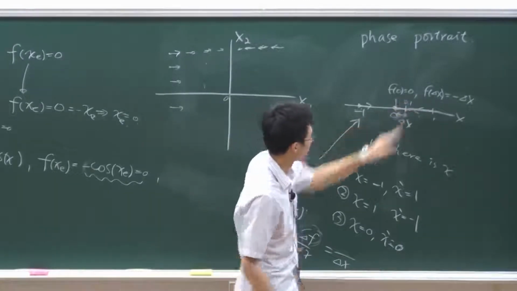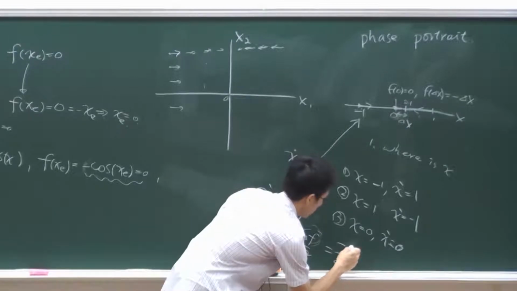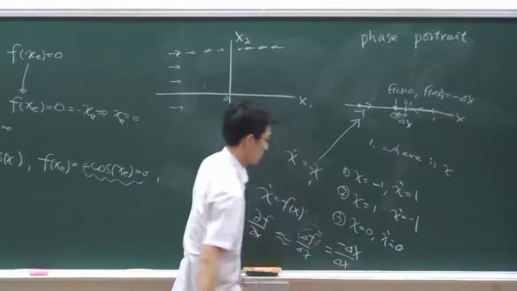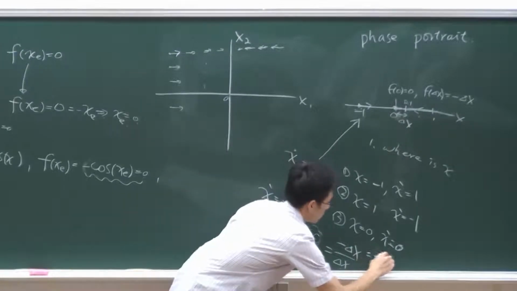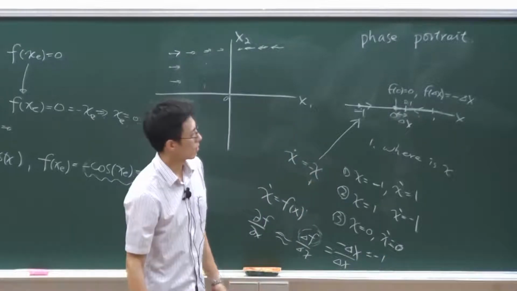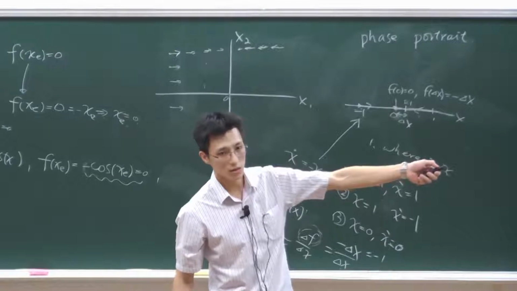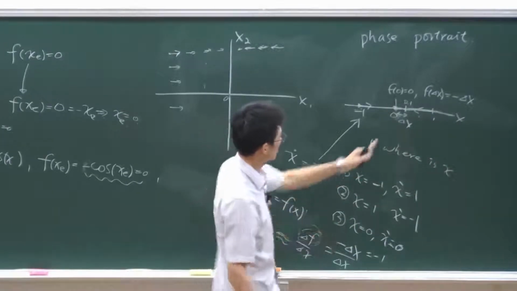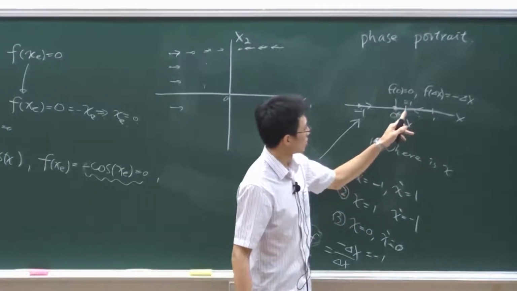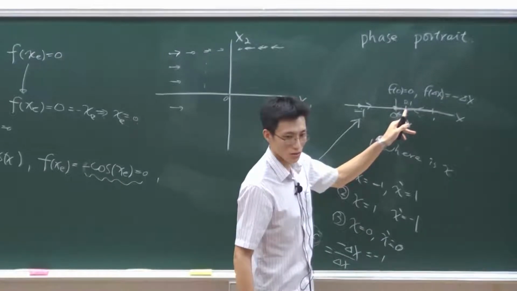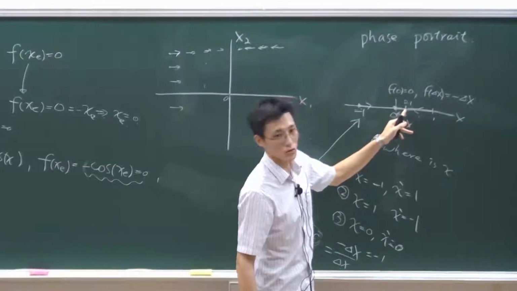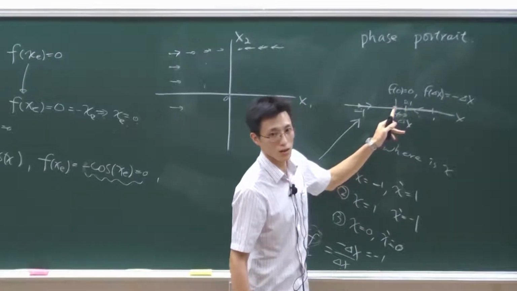This one minus this one, right? So it's minus delta x, which is minus 1. And if this partial is minus 1, it says it's stable. Because given a disturbance, f is trying to decrease, which means it's trying to move back, right?